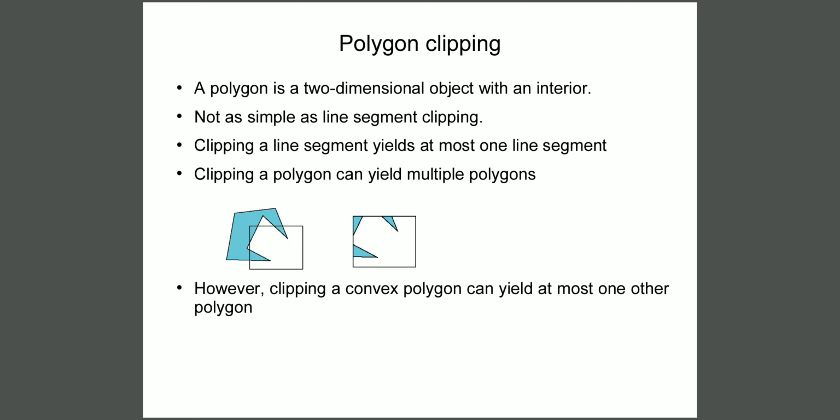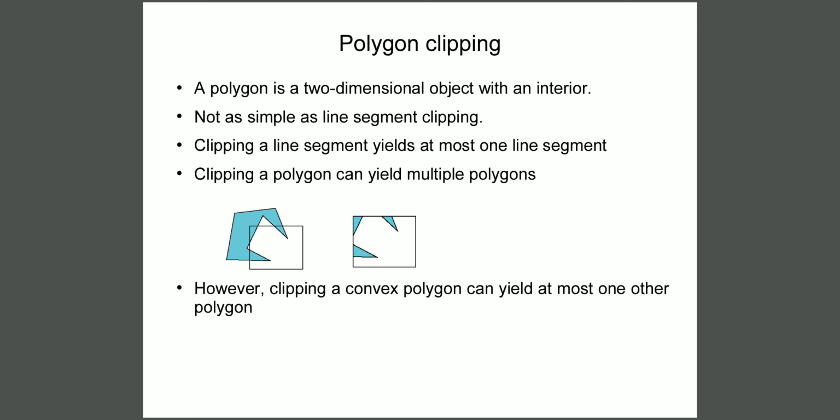When we clip a line segment, at most it gives a single line segment as the result. That is, when we perform clipping on a single line segment, the output is also a single line, not multiple lines. That means we remove the unwanted parts of a line segment and the output is the line segment which is visible to a user.